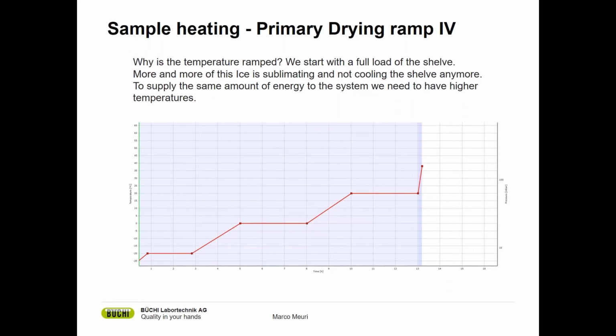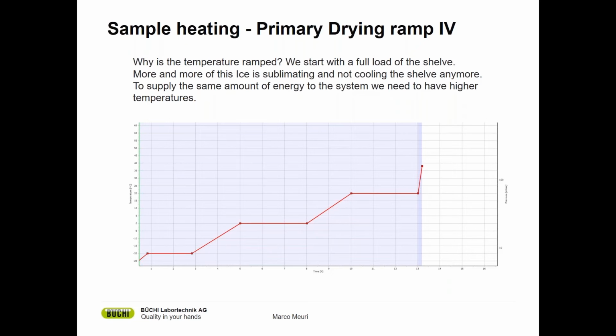The reason is, if you imagine, we take the samples out of the freezer. We have a full shelf of samples, and these samples are frozen and they're sublimating. So they're cooling down our shelf. The shelf supplies energy, which is consumed by the sample, so it cools down the shelf.